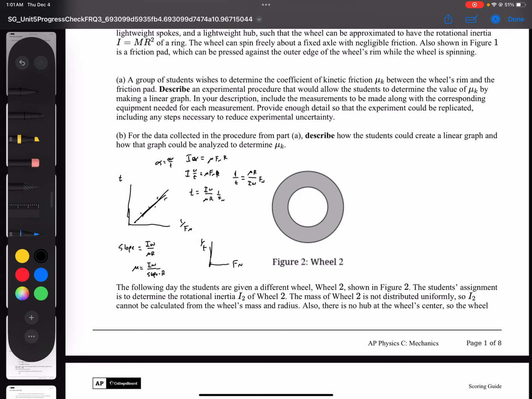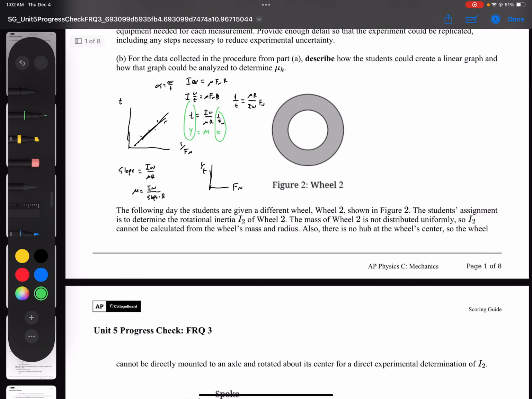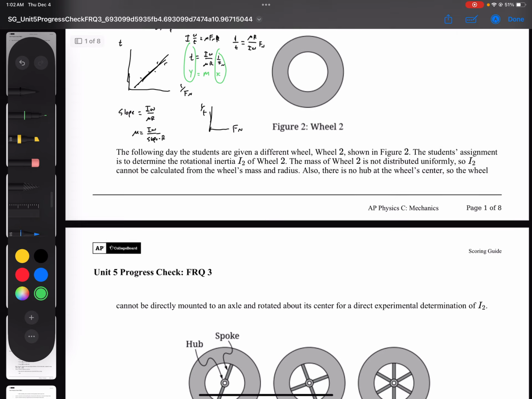What I did is I linearized the graph, right? So if say we measured time t on our vertical, right? Then that's going to be my vertical. This is my slope. And then this is my horizontal axis. That's my vertical axis and my horizontal axis. And that's what the slope represents, I omega over mu times r. And yeah, that's how you would create a straight line.